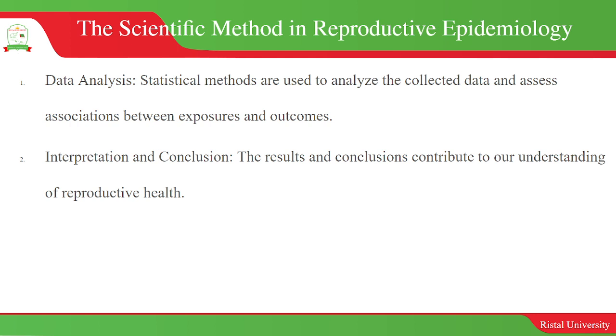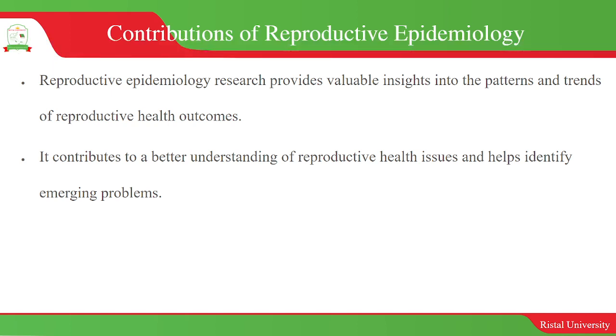Okay, they have a higher chance compared to those who have not. And then that is when you can say that female genital mutilation should be campaigned against. So that is the scientific method in reproductive epidemiology.